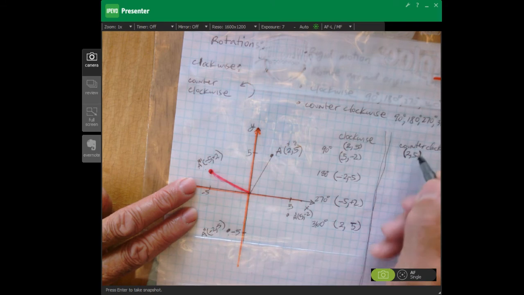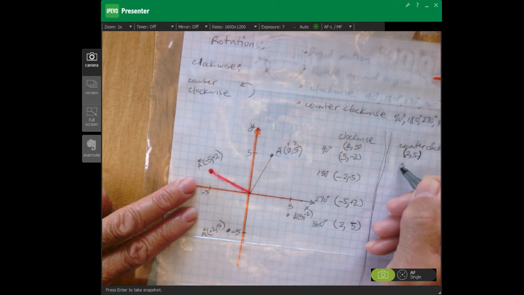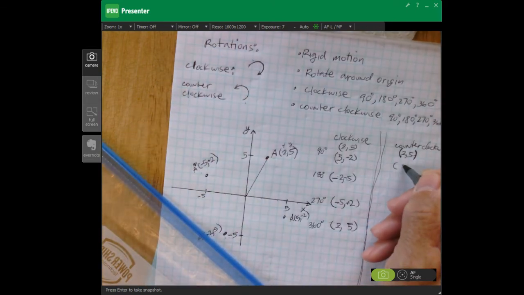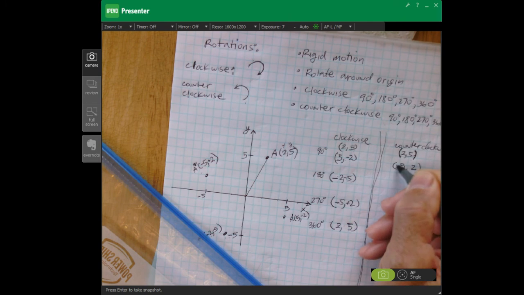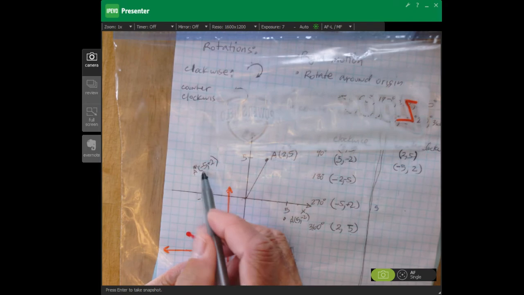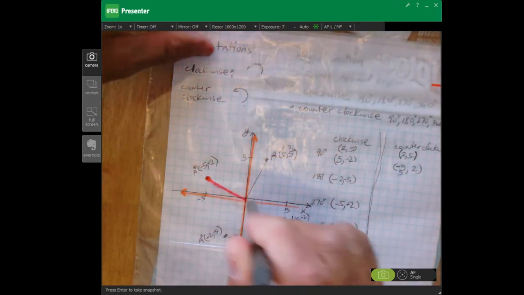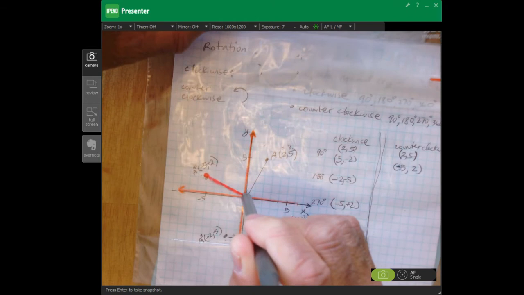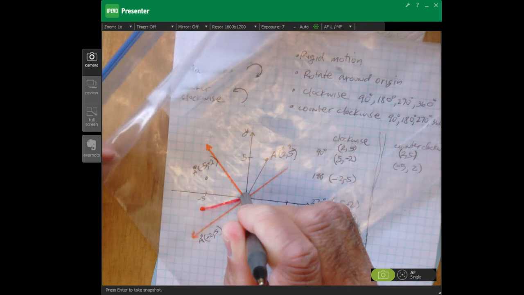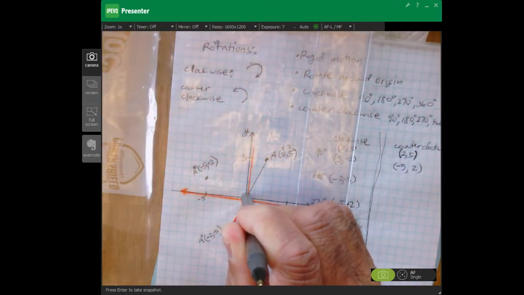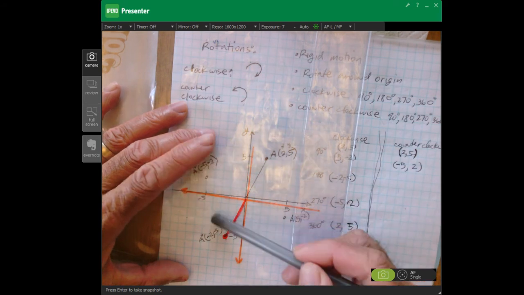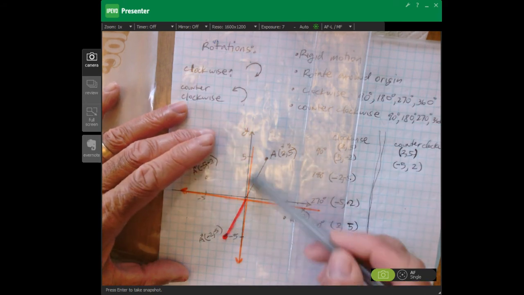It went from 2, 5 to -5, 2, right? And you probably guess what's coming next when you keep rotating, another 90. So 90 plus 90 will make 180. Notice the straight line, 180 degrees, right? So we went around this way, 180 degrees counterclockwise.